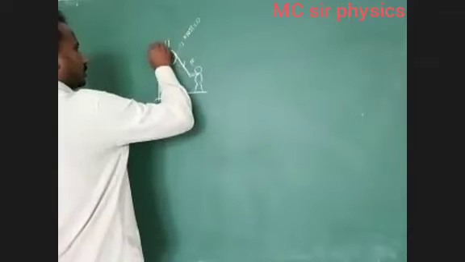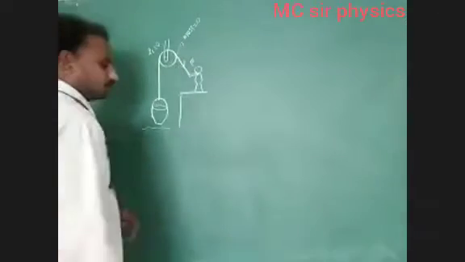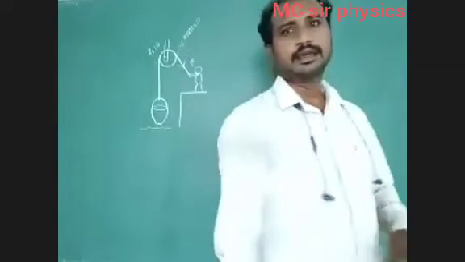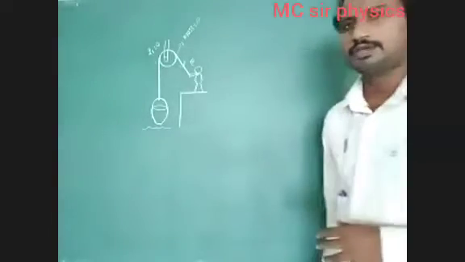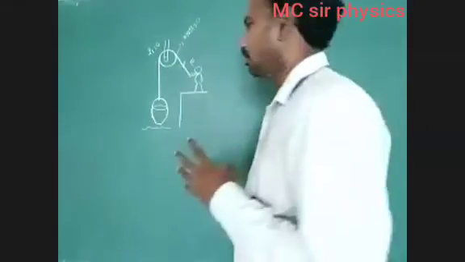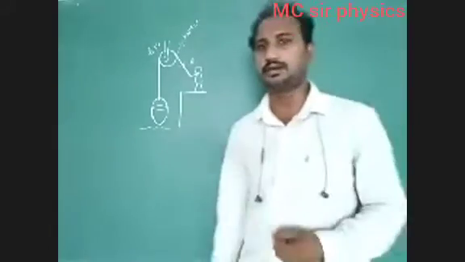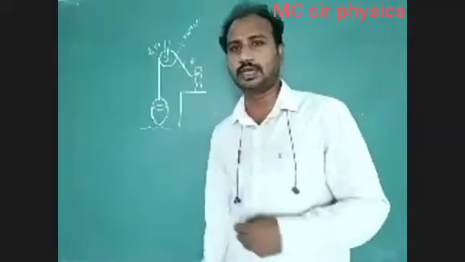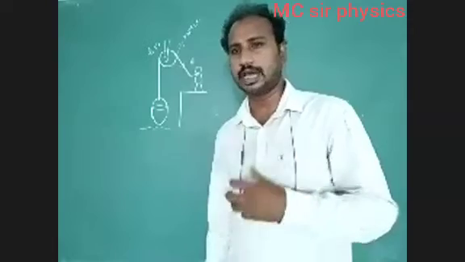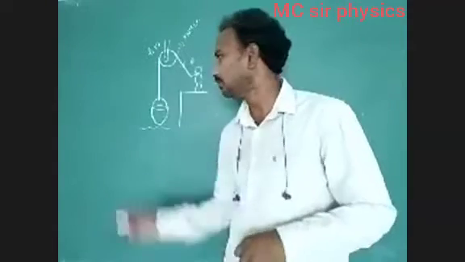Here identify friction Fr equal to 0. Now you have to draw the free body diagram of the bucket of water. Next, we have to find out the tension force in the rope.